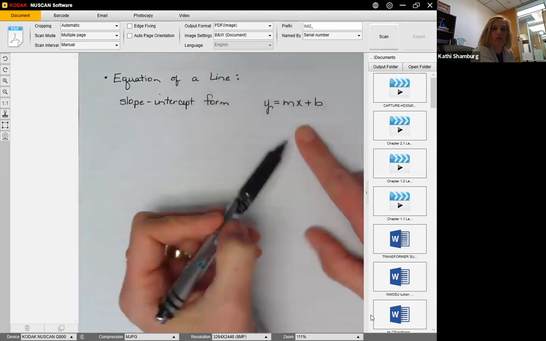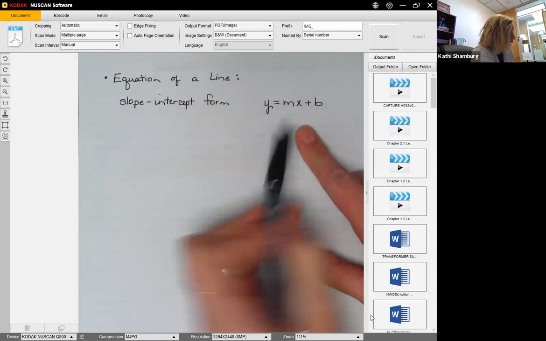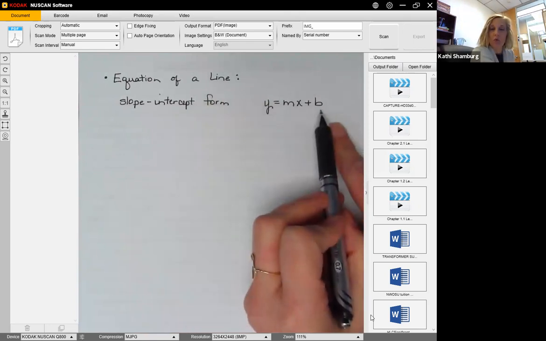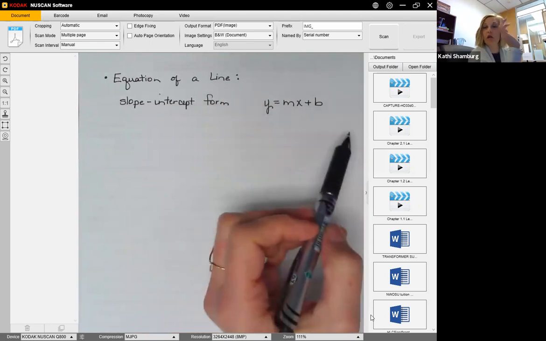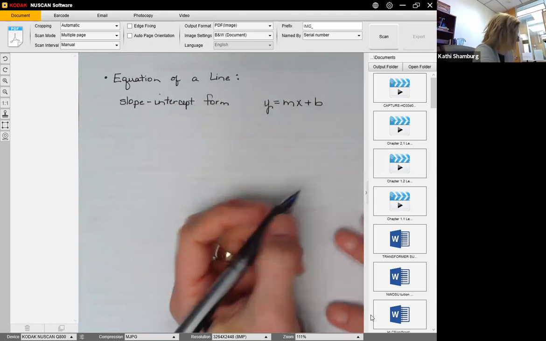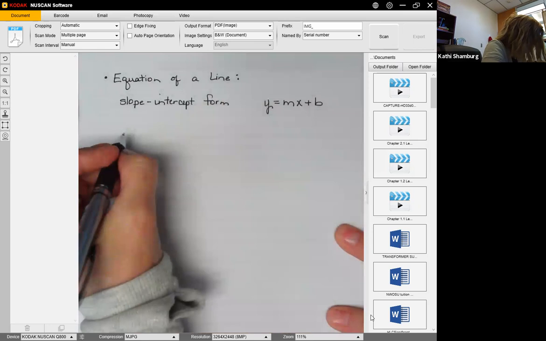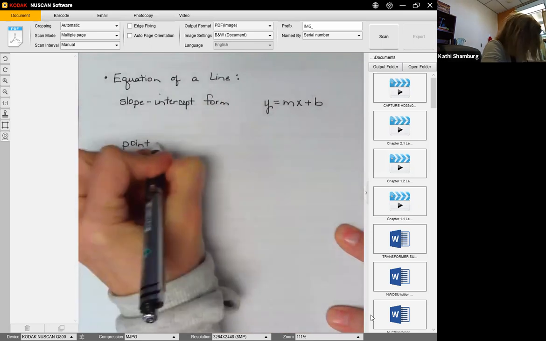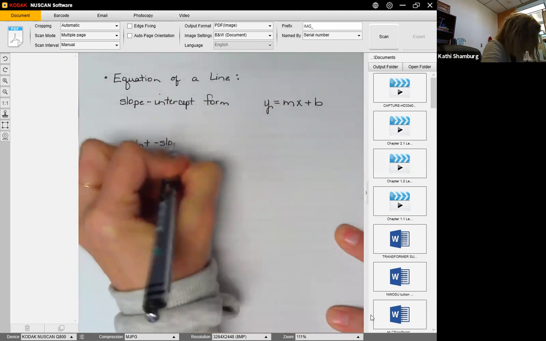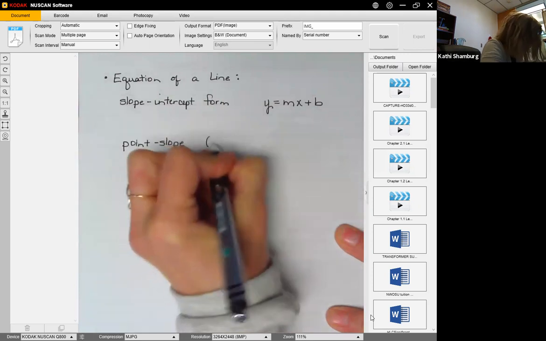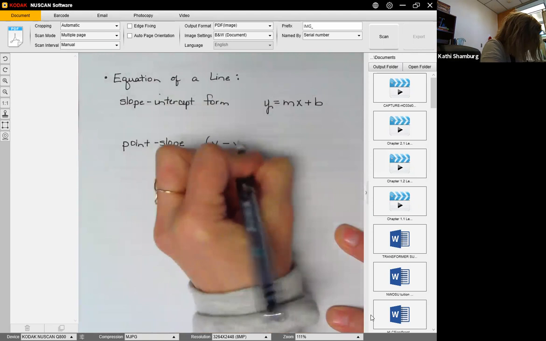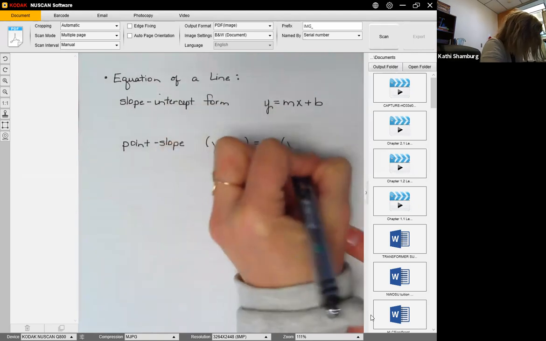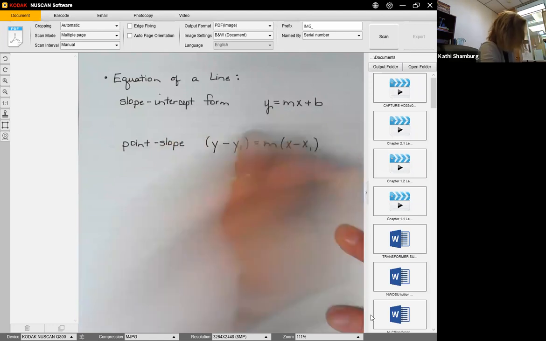Now, we can use this when m, which is your slope, is known, and where it crosses the y-axis. If those two things are known, just substitute them into the formula. But most often you're not given those, so a lot of times you first have to use point-slope form, which is y minus y1 equals m times x minus x1.